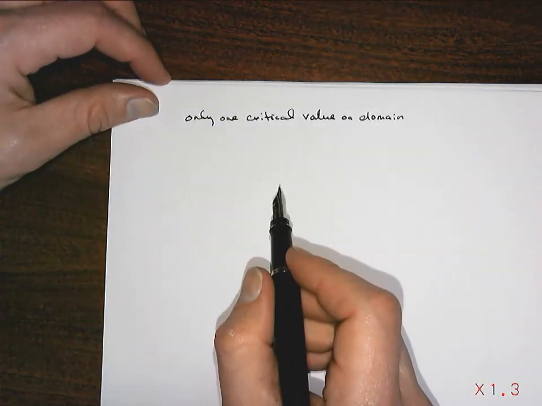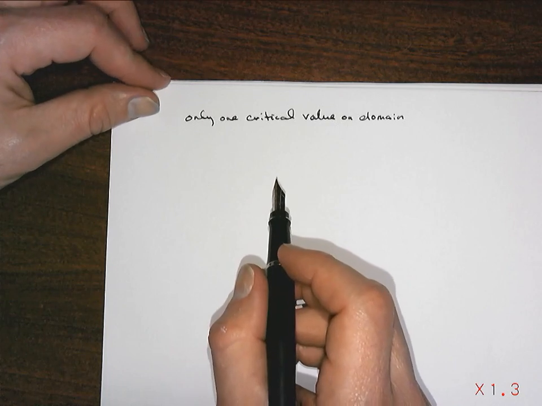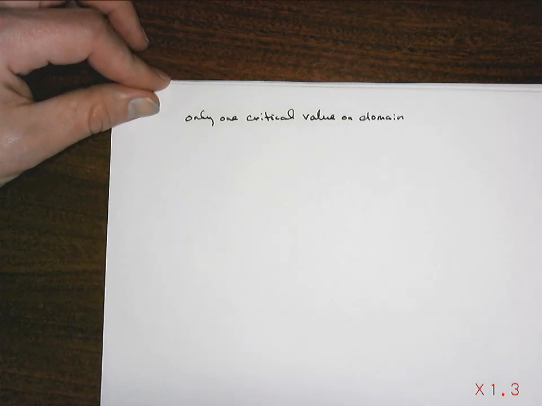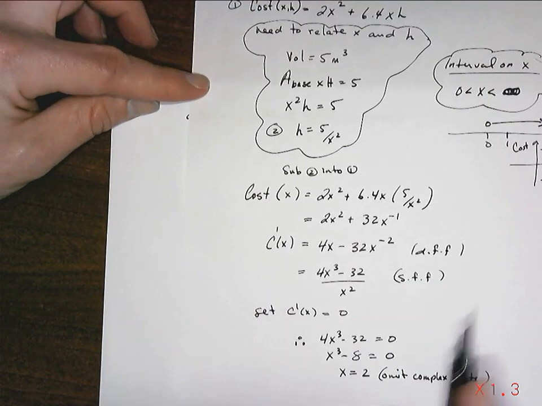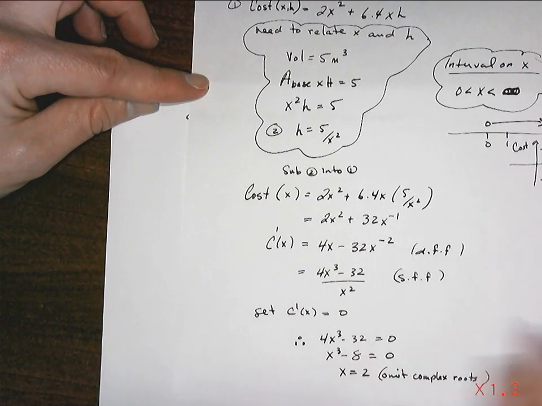That means we have a choice. We can use the intervals chart, or we can use second derivative. Let's see how hard the second derivative would be. Not hard at all. I'm going to take the second derivative.